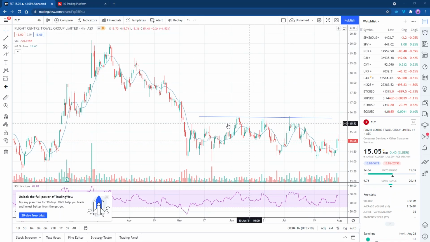So take this for example. We can clearly see a resistance here. If I was a breakout buyer, I would put my orders just above this line. So the highest it went was 1630. I would put my order at 1635 or 36, for example. And there are many of those breakout buyers.